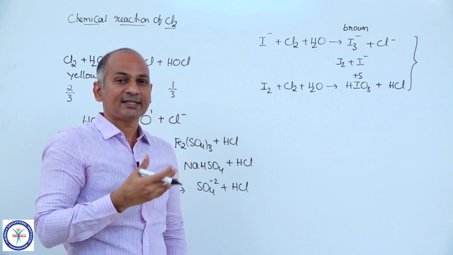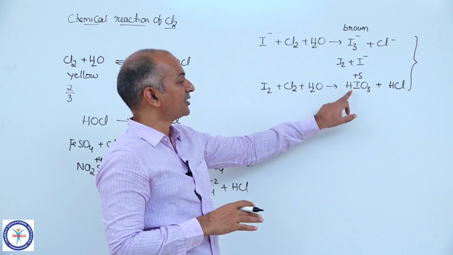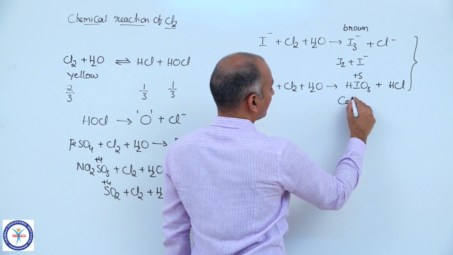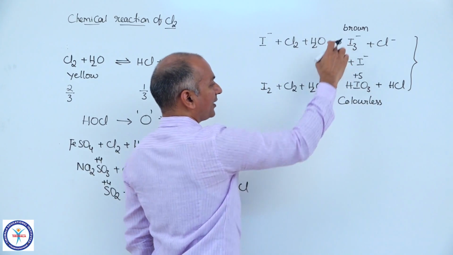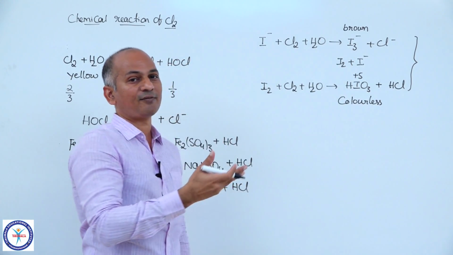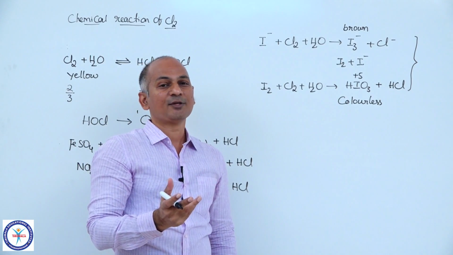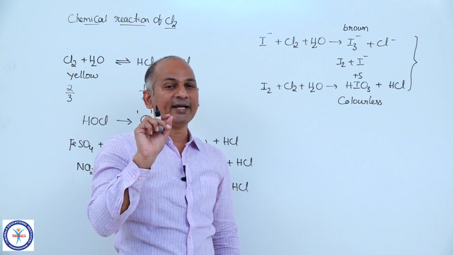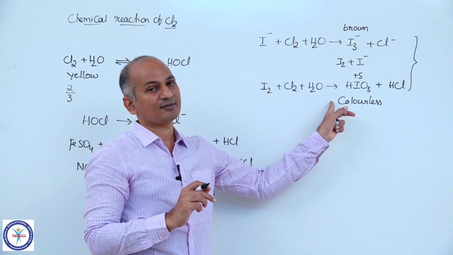Now if you add excess chlorine water, then that brown color disappears due to the formation of HIO3, and HIO3 is colorless. So first brown color, then colorless upon addition of chlorine water. Then you can confirm the presence of I minus. So in the qualitative analysis of anions, for the identification of I minus, we use this set of reactions.